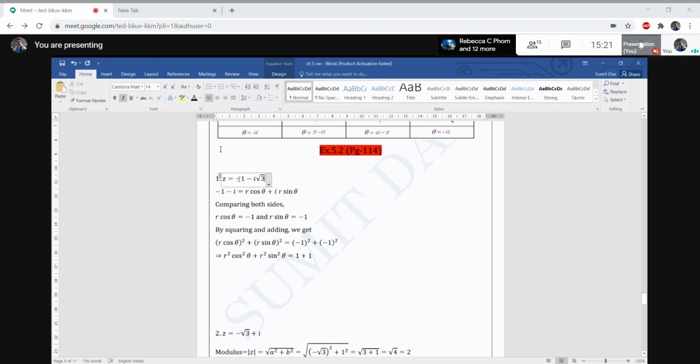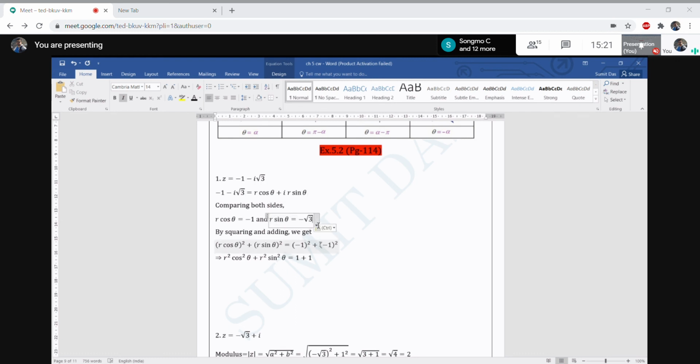So yes, we have to add this. So r cos theta is equal to -1 and r sin theta will be minus root 3. If you simplify this one, it will be 4.